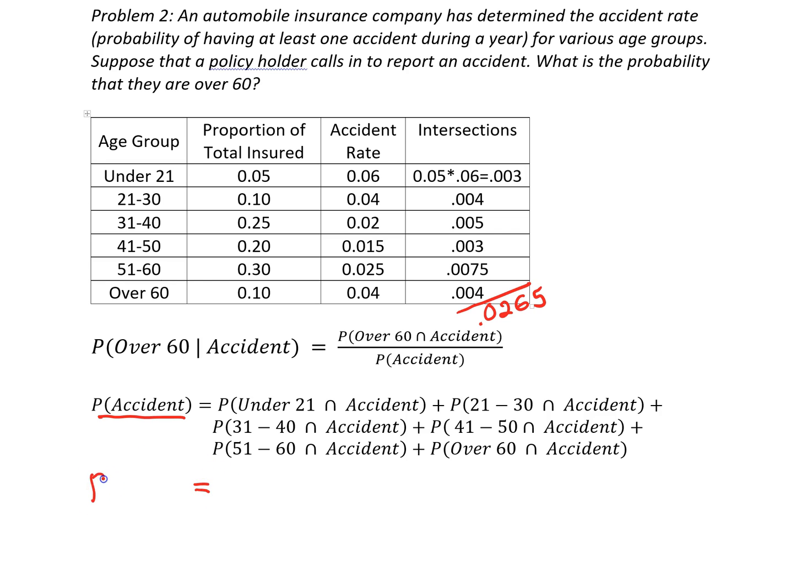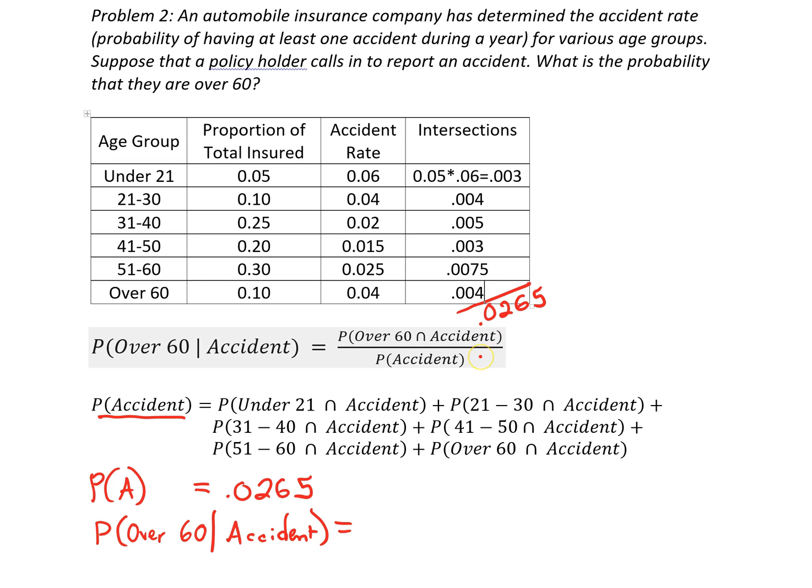And so our probability of having an accident, I'll just call it A, is 0.0265. But to solve the actual problem, I needed to know the probability of being over 60, given an accident was called in. And that we had noticed is the intersection of over 60 and accident divided by accident.